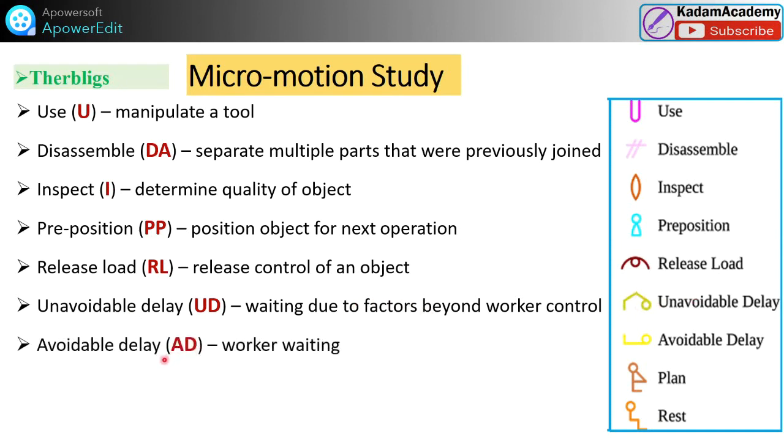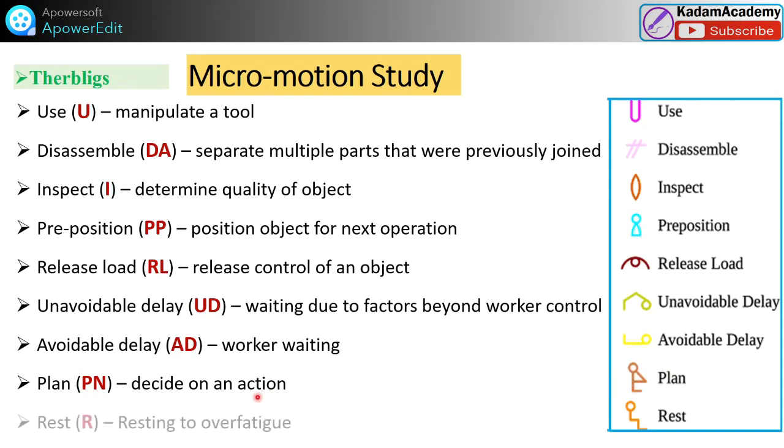And next is avoidable delay, capital AD. The worker is waiting, but he does not have to; he can avoid the delay. And next is plan, capital PN, to decide on an action. Here, this is the symbol to represent plan, with its color.